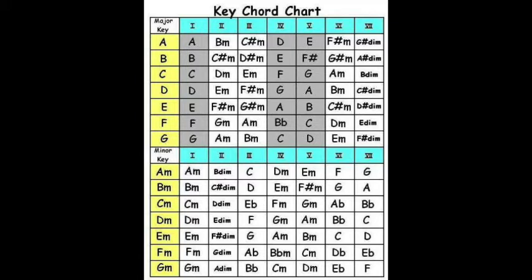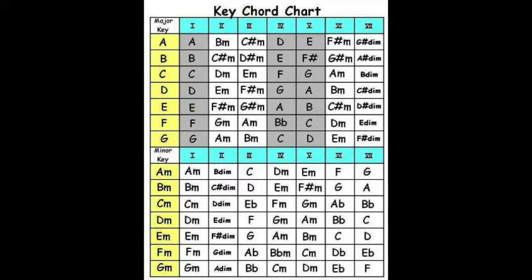And you're going to notice going from left to right in blue at the very top, and in the middle you have Roman numerals. So we have 1, 2, 3, 4, 5, 6, and 7.